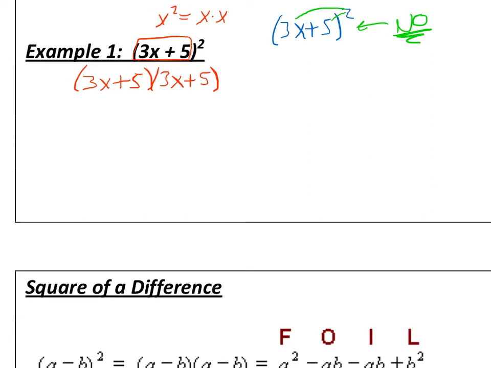Now if I had 3x squared, in other words a monomial, then yes, I would distribute the power. But the difference in the two things here is that one of them, this one, is a binomial.